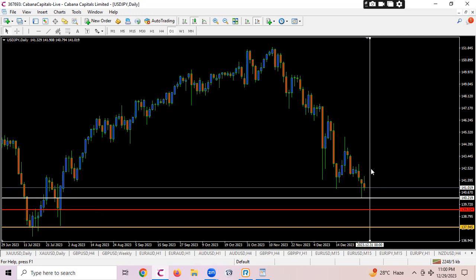If the news favors US dollar, USDJPY will be bullish. If the news does not favor US dollar, USDJPY will be bearish. If the news favors JPY, USDJPY will be bearish. If the news does not favor JPY, USDJPY will be bullish.